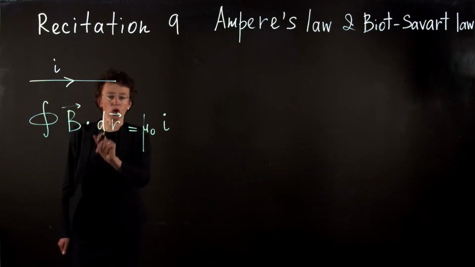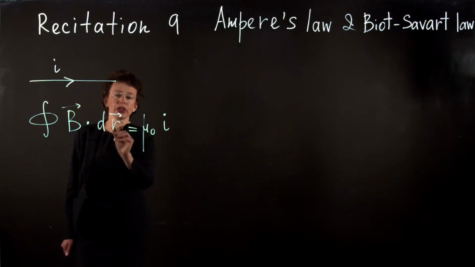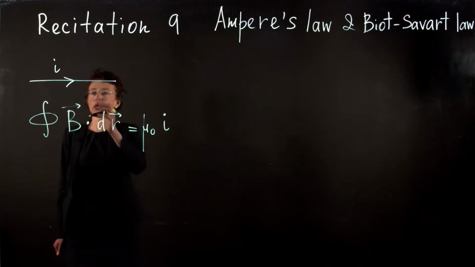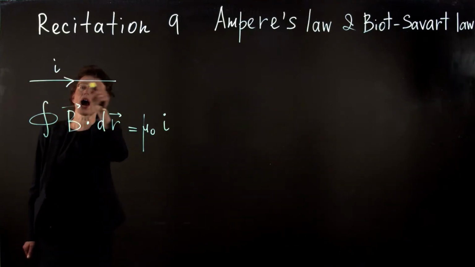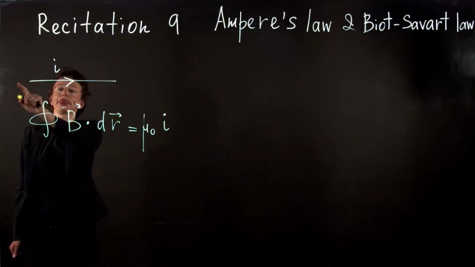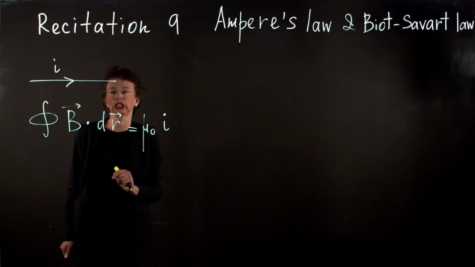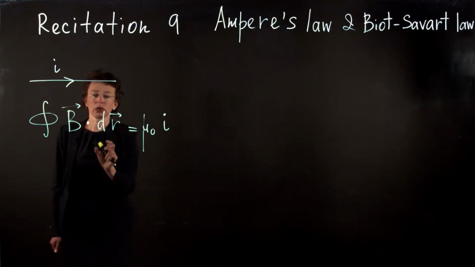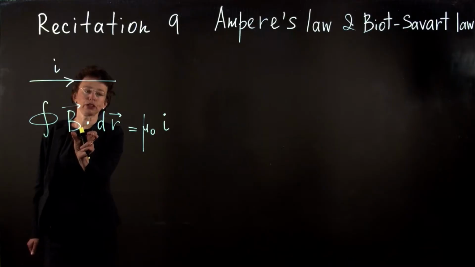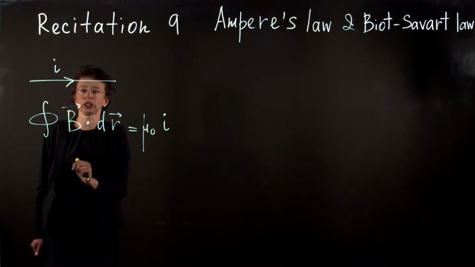So this is the law, and now we will apply it to a wire with current I, and this will be an infinitely long wire. We will find the magnetic field created by this infinitely long wire.